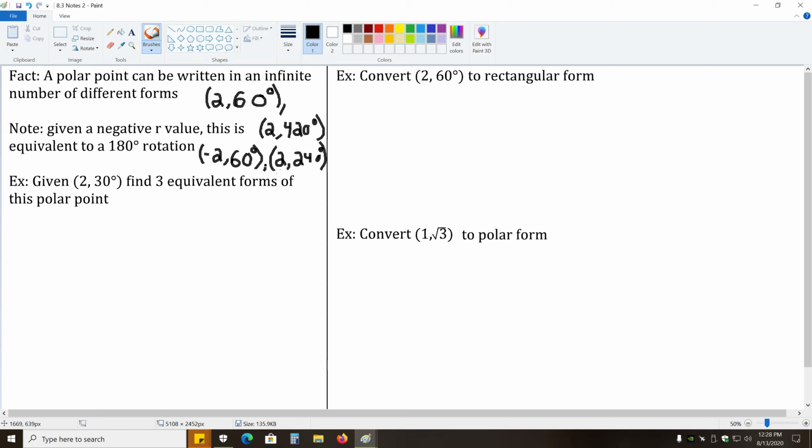These 2 points are the same thing because a negative radius value just represents a flip of 180 degrees or a 180 degree rotation.